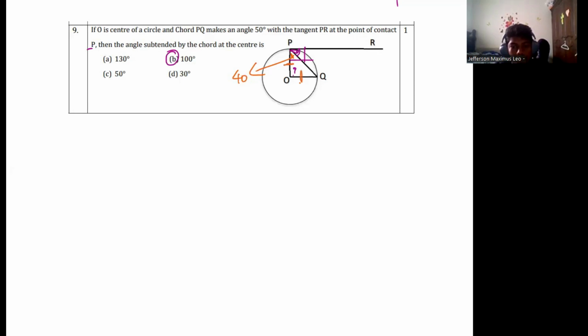These two are radii, so the triangle is isosceles, and the other angle is also 40. Now go with the angle sum property of a triangle. 40 plus 40 is 80. Total is 180. 180 minus 80 is 100.